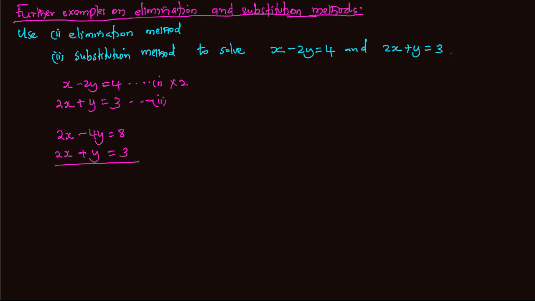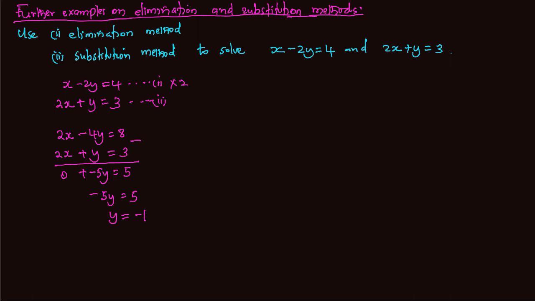We subtract the two equations. 2x minus 2x is 0, minus 4y minus positive y is minus 5y, and 8 minus 3 is positive 5. So we have minus 5y is equal to 5, y is equal to negative 1.